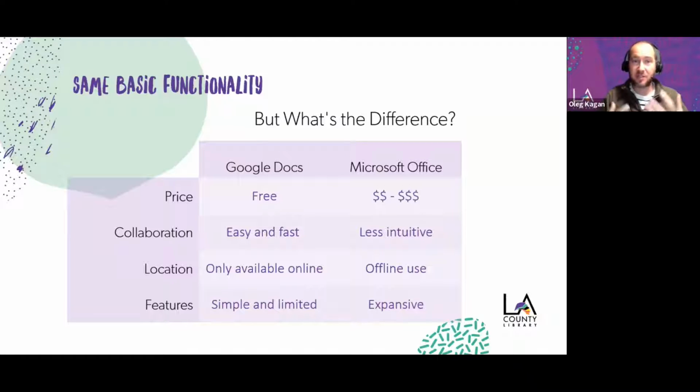Now, there's some difference in features, there's slight differences in the way they look and the way they work, but Microsoft Office is essentially platform ubiquitous. So whether you're on a computer, in a browser, or in another program like Microsoft Teams, you can use Microsoft Office. For some people, that's an added complication. And if you're feeling that way, then Google Docs might be better for you.